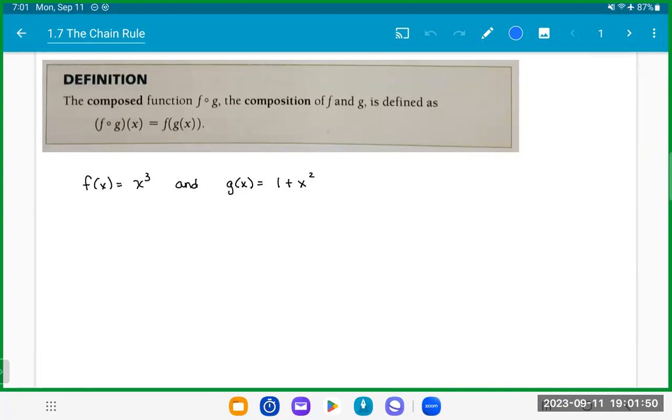So a couple of definitions. This one goes back to our algebra days, but it's important to refresh our memories so that we can get through the chain rule itself.